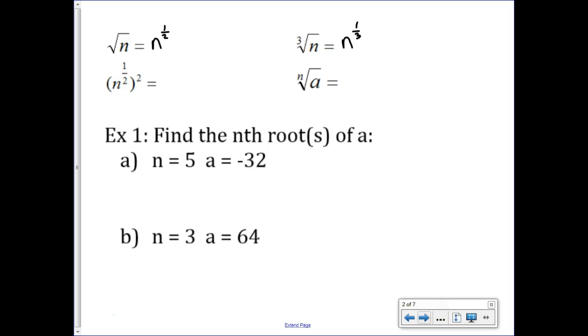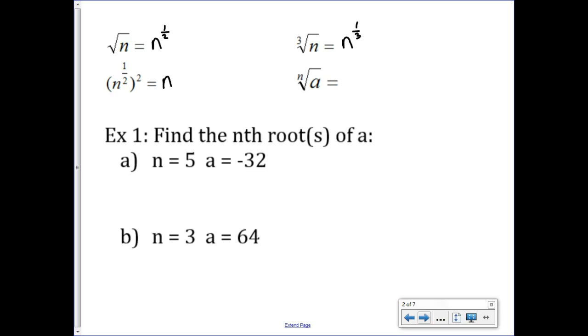If I take n to the 1/2 power and I square it, remember we said square root and squaring are opposite things. And remember when you are dealing with exponents that when you have a power to a power, you multiply. So that would just give us n.